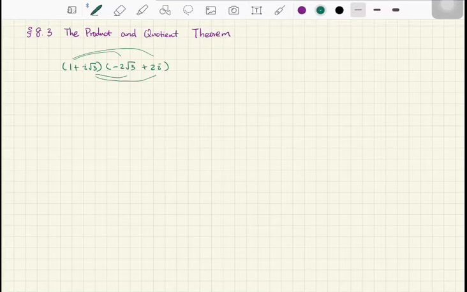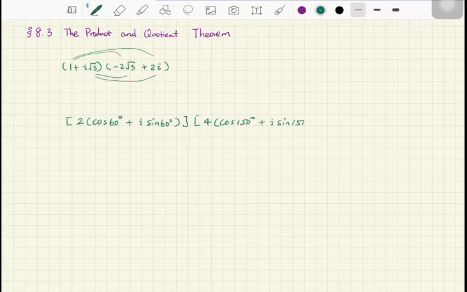So I'm not going to continue doing it. However, when we have the polar form, for example, 2 cosine of 60 plus i sine of 60 multiplied by 4 cosine of 150 plus i sine of 150, we can still use the FOIL method.